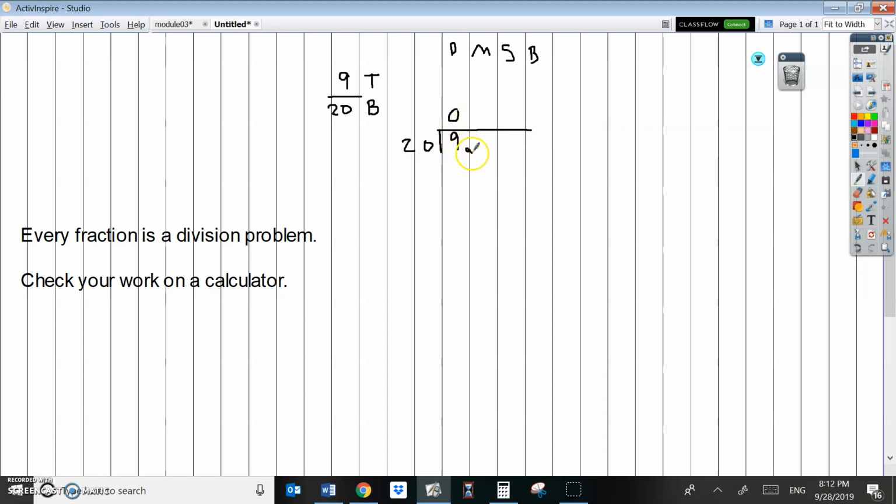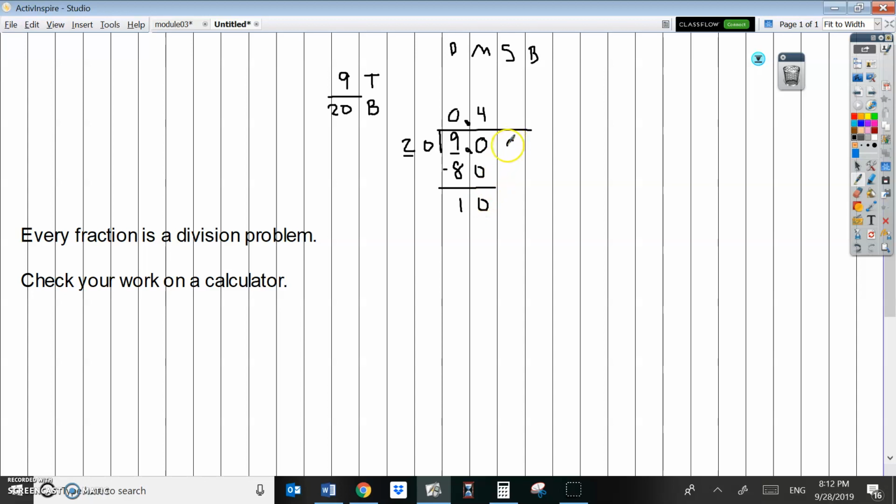Put in a decimal, put in a 0. How many 20s in 90? Well, how many 2s in 9? There's 4. 4 times 20 is 80. We just multiplied, now we subtract, and we get 10.